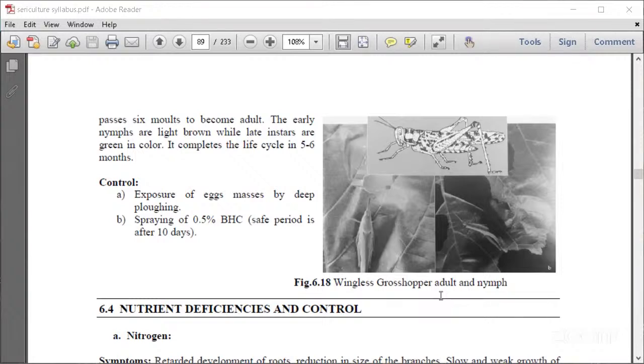The critical level in the soil below which deficiency symptoms occur for the mulberry is 8 kg per acre when the nitrogen is in the form of nitrate and 29.5 kg per acre when it is in the form of ammonia. So the controlling measurements: application of nitrogenous fertilizers like urea, ammonium nitrate, potassium nitrate or calcium nitrate at appropriate dosages is recommended for correcting the deficiency.